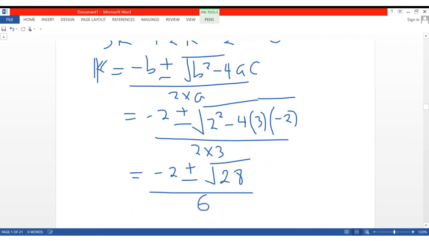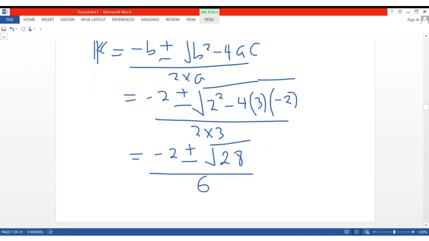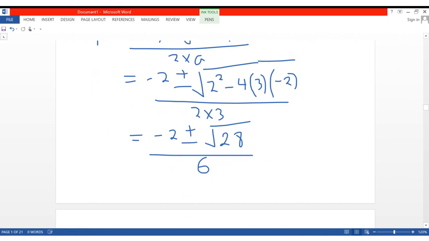So I'll do the first value of k. The first value of k will be the positive one: negative 2 plus square root of 28 all over 6. That's the first value. Then I'll do the other one when k is on the negative side: negative 2 minus square root of 28 all over 6.